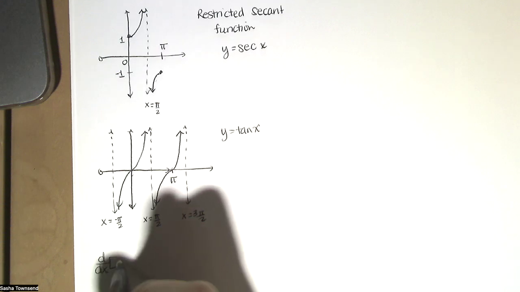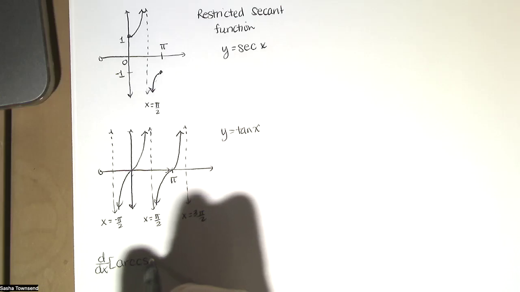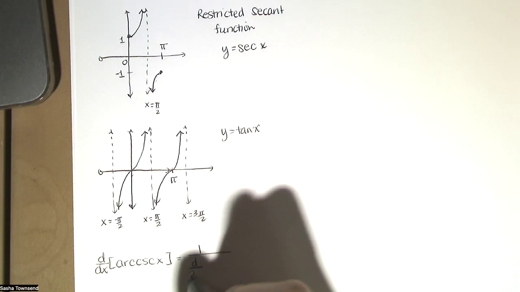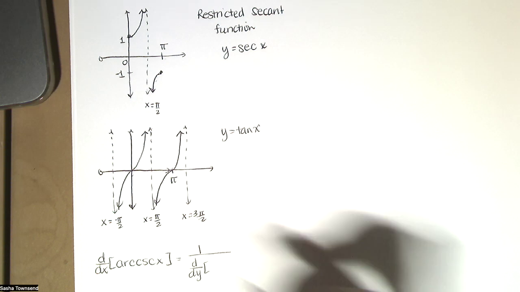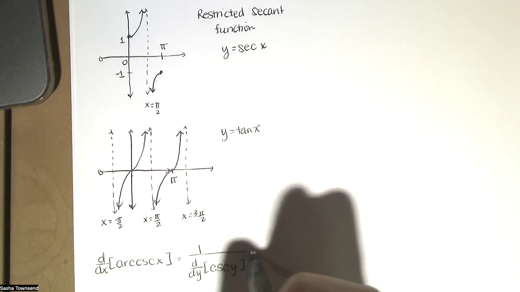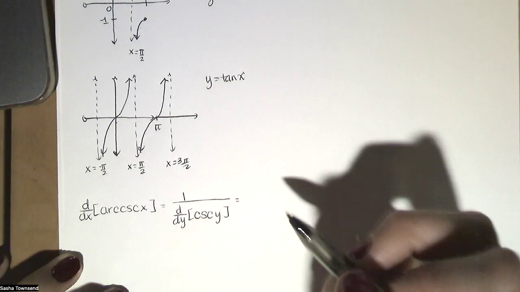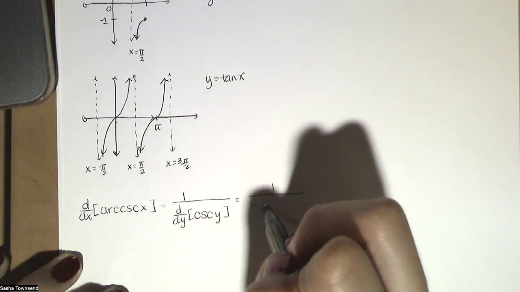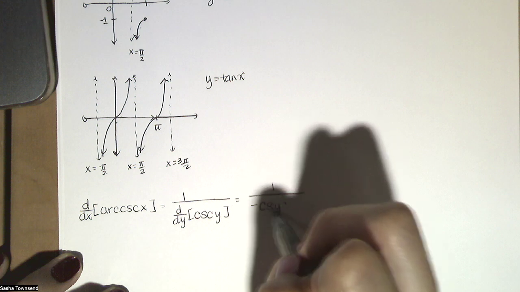Arccosecant is similar. It's 1 over the derivative with respect to y of x. Well, x is cosecant of y. And the derivative of cosecant of y is negative cosecant of y, cotangent of y.